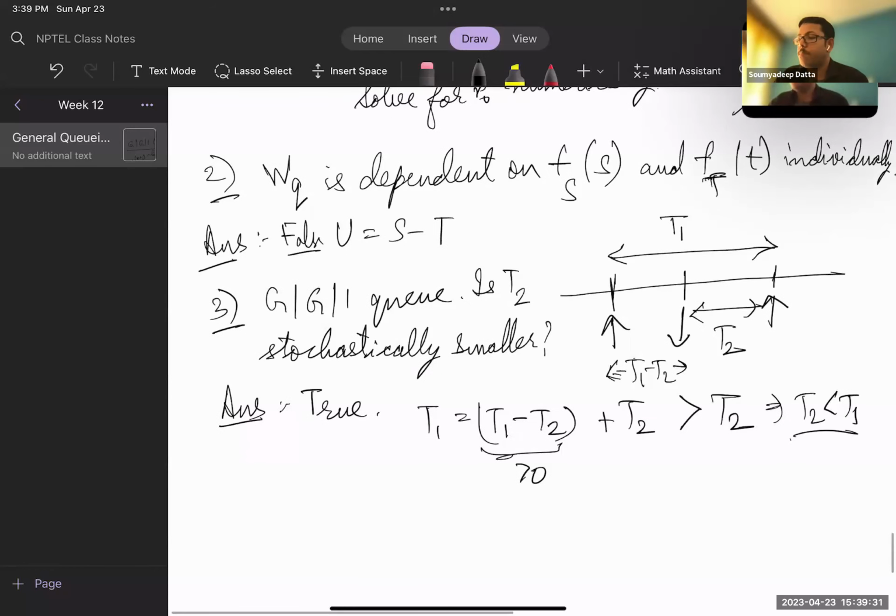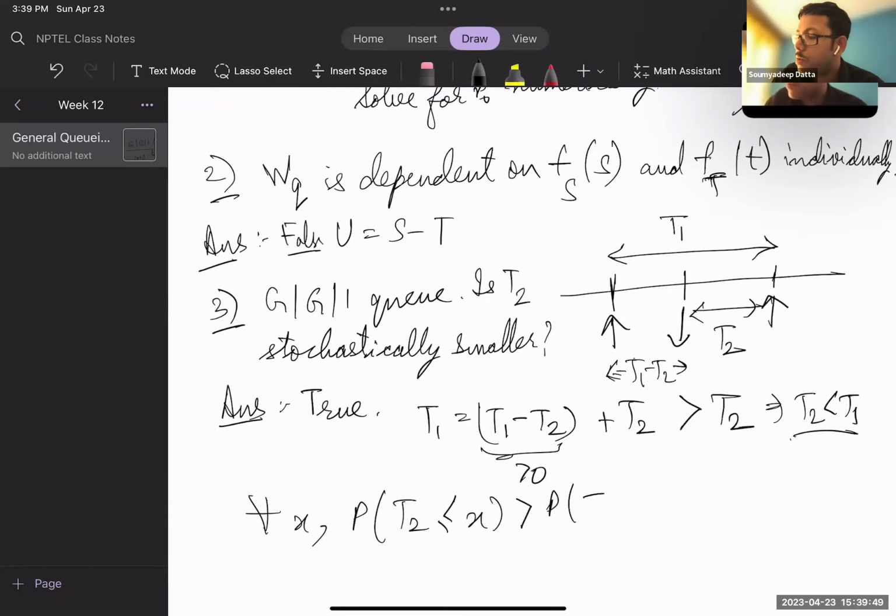So we can argue that for any value x, the definition of stochastically smaller is: for all x, the probability that T2 is less or equal to x is greater than the probability that T1 is less or equal to x. I believe I got this definition right. We don't need elaborate mathematical arguments for it.